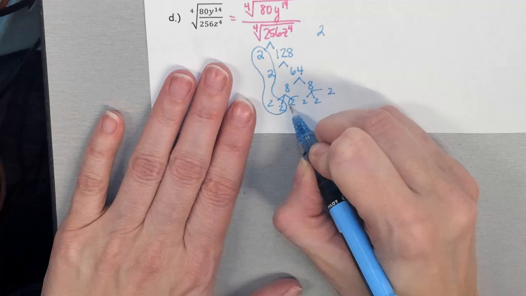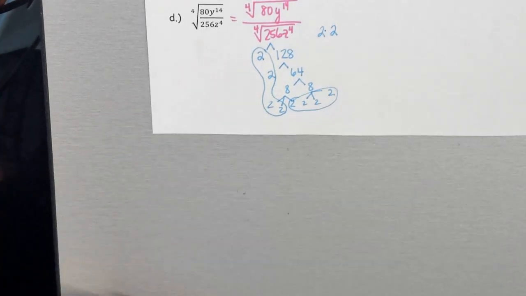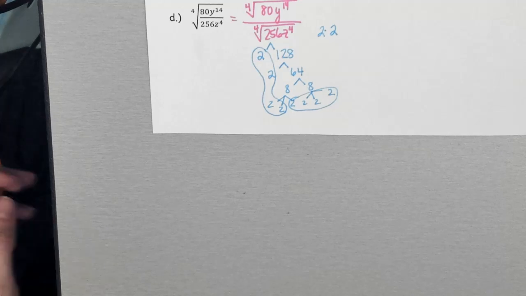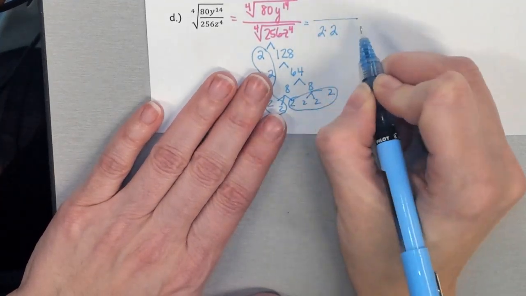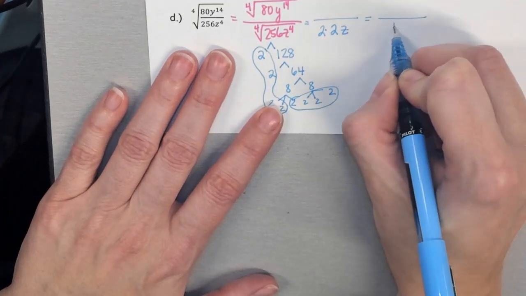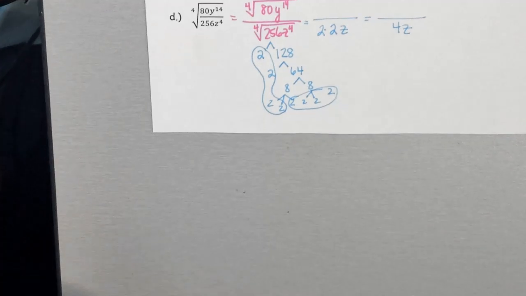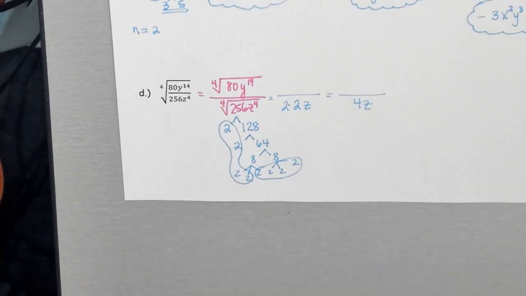You have another group of 4 2's. So another 2 comes out. And you just multiply them together. Okay? And then 4 goes into 4 how many times? Once, so it's 2 times 2z or 4z in the denominator.